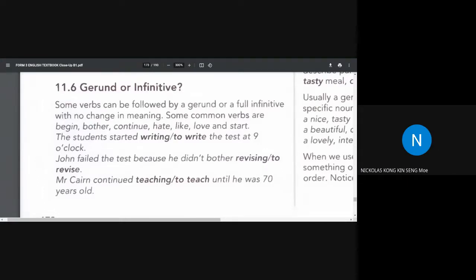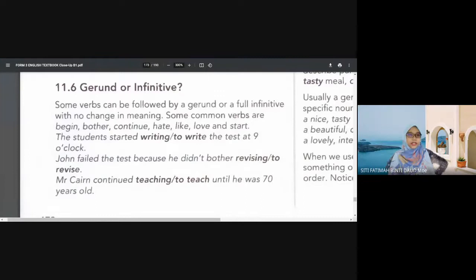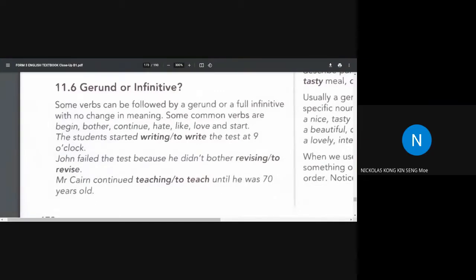Gerund or infinitive? Some verbs can be followed by a gerund or a full infinitive with no change in meaning. Some common verbs are begin, bother, continue, hate, like, love, and start.